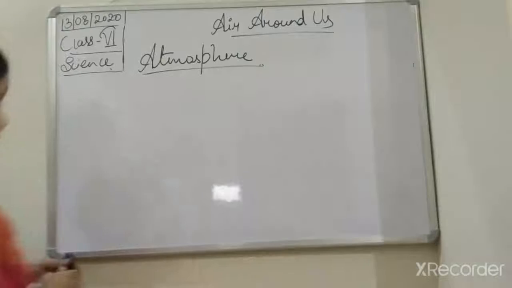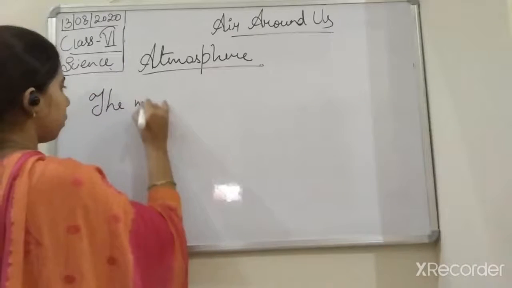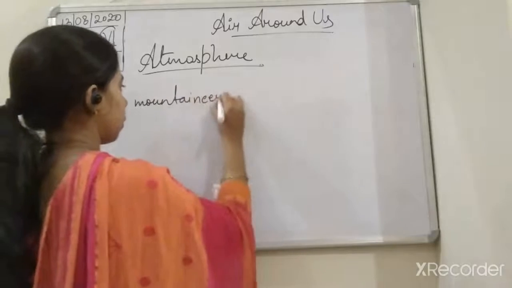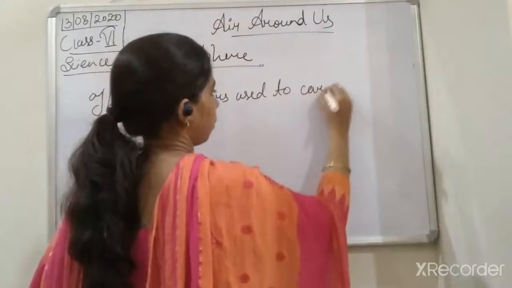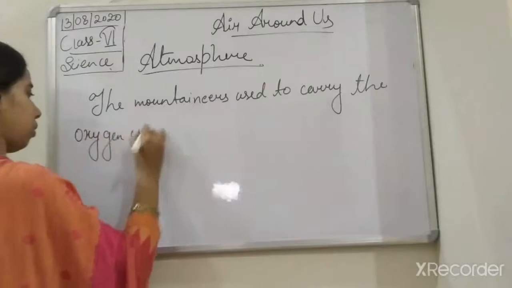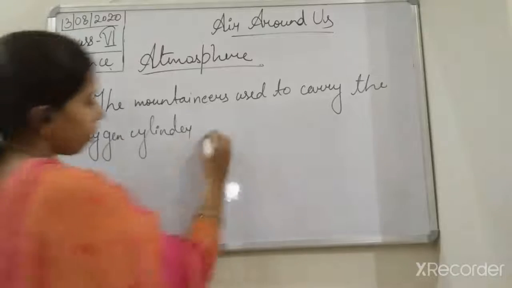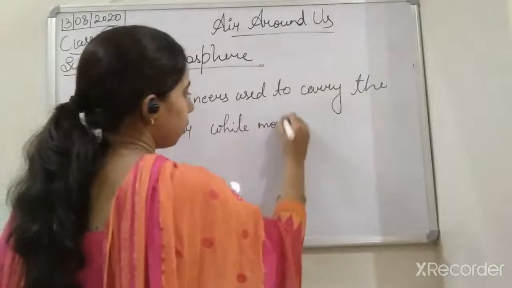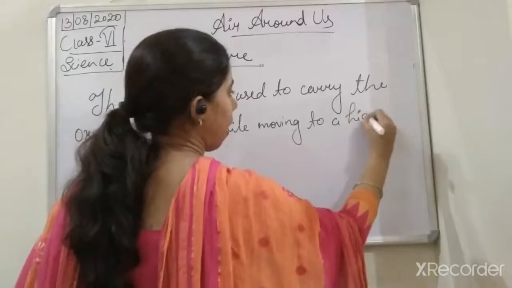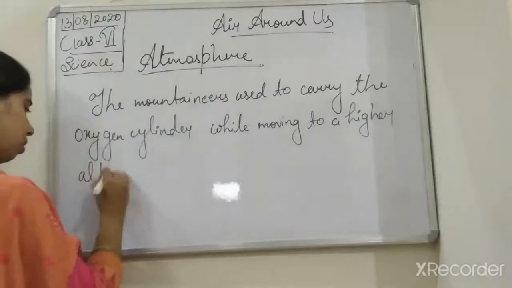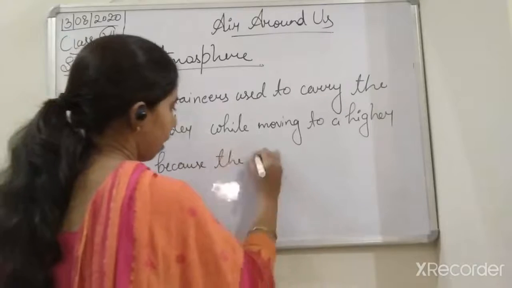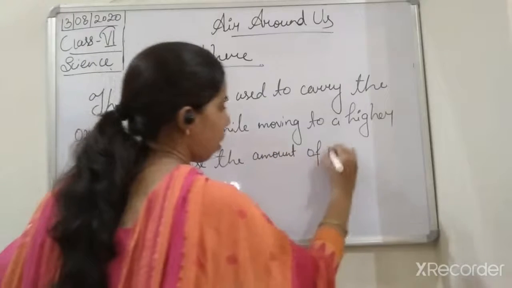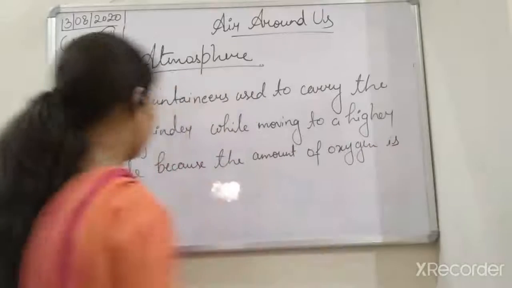So you will write: the mountaineers used to carry the oxygen cylinder while moving to a higher altitude because the amount of oxygen is less.